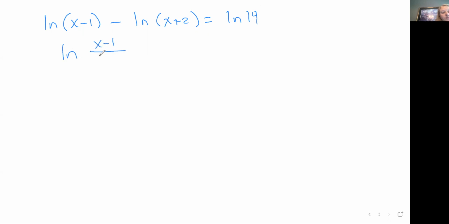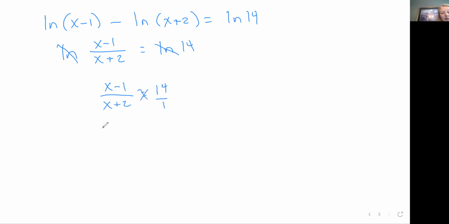All right, let's look at one that may not work. This time we're subtracting. And what does subtraction change to? Okay, it's going to change to division. And this time we have the same logarithm on both sides, so we can cancel it. So I have x minus 1 over x plus 2 is equal to 14.